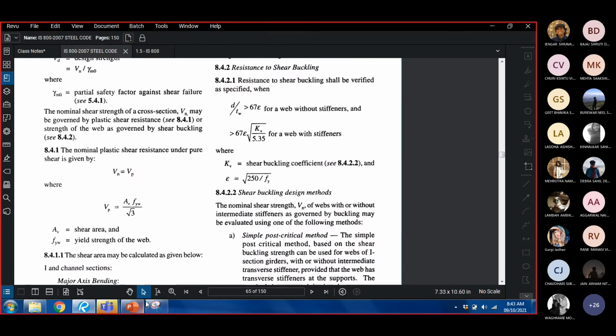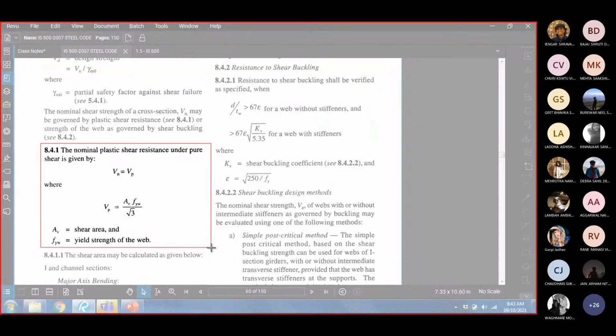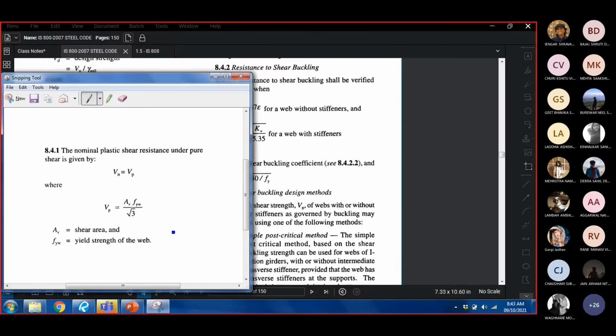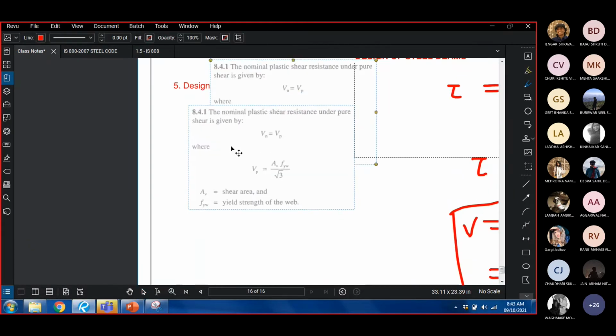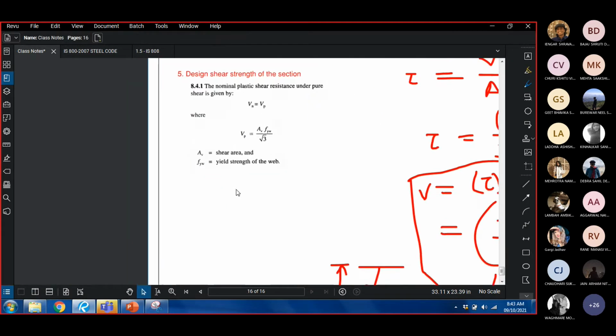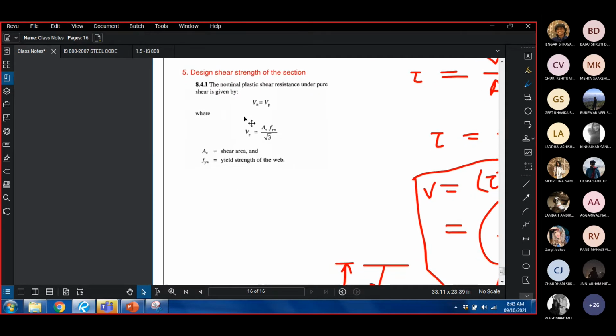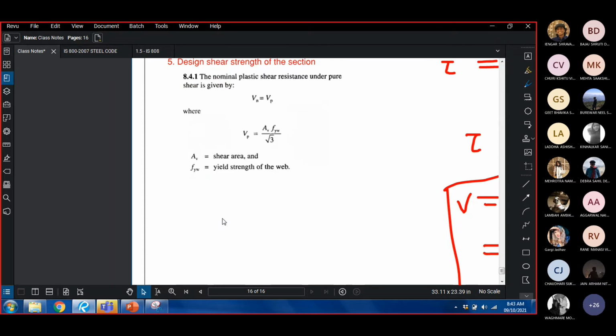So I'll again just paste the snip here. So this is a nominal shear force, but we are talking about design shear force. So the design shear force is equal to nominal shear force upon gamma m0.